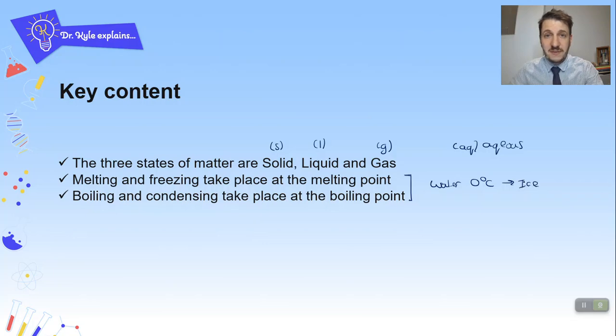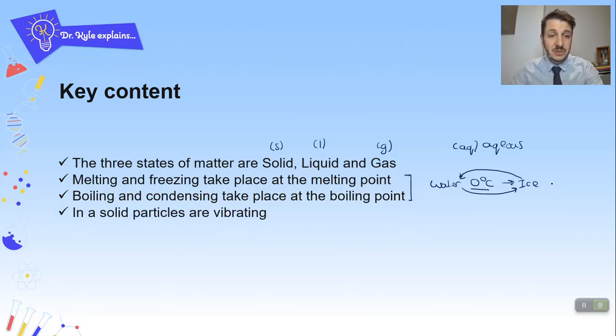Now, specifically at 0 degrees, it also means that ice is also turning back to water. And so these two processes are happening at exactly the same temperature. So the melting point is either the point where it melts or where it freezes. The same thing happens with water at 100 degrees. It's either going to boil or it's going to condense.